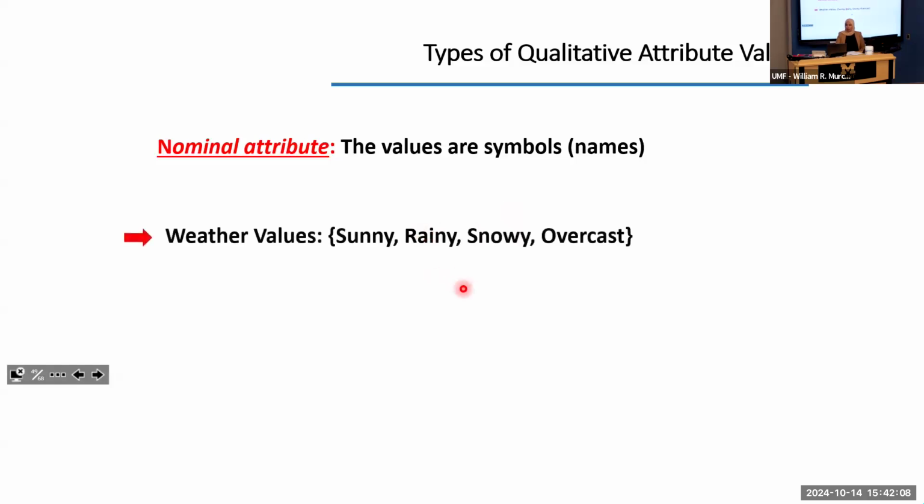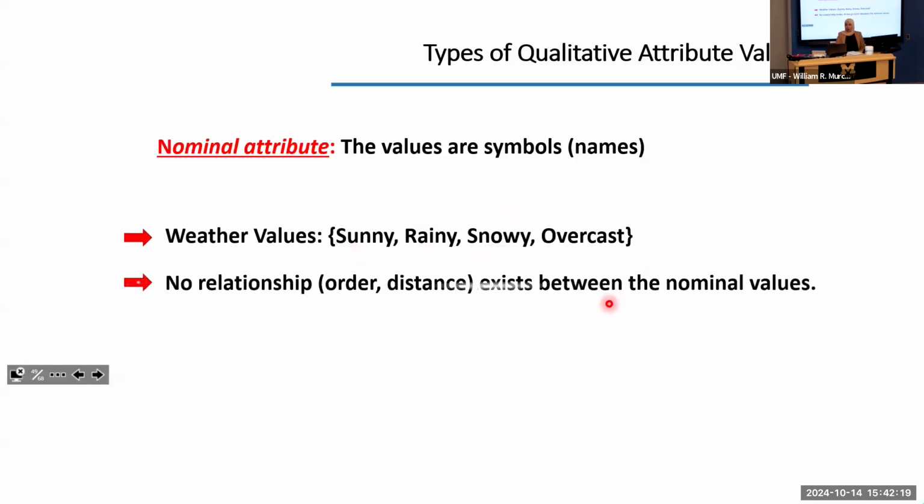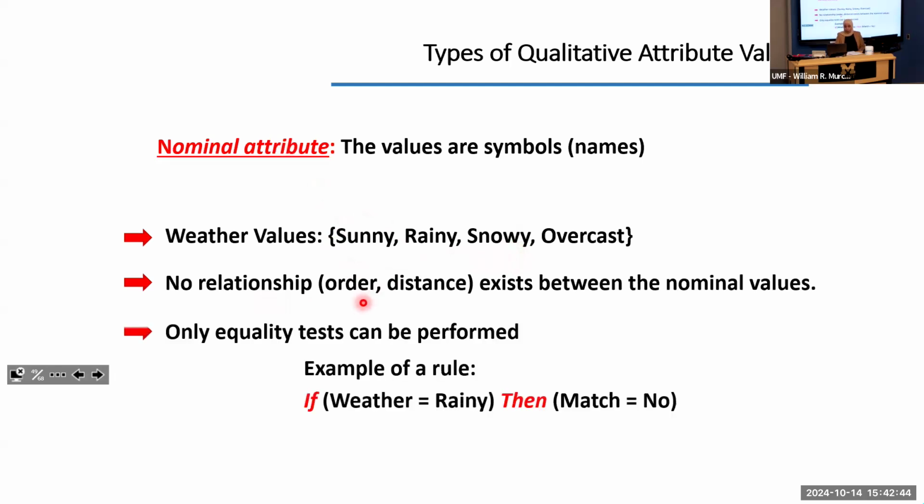For example, if I have the weather, the different values could be sunny, which is a name, rainy, snowy, or whatever, okay? Now, between this set of symbols or values, there is supposed to be no relationship. I cannot measure the distance between sunny and snowy, for example. It's not possible because these are nominal attributes. And also, there is no order relationship between such values, okay?